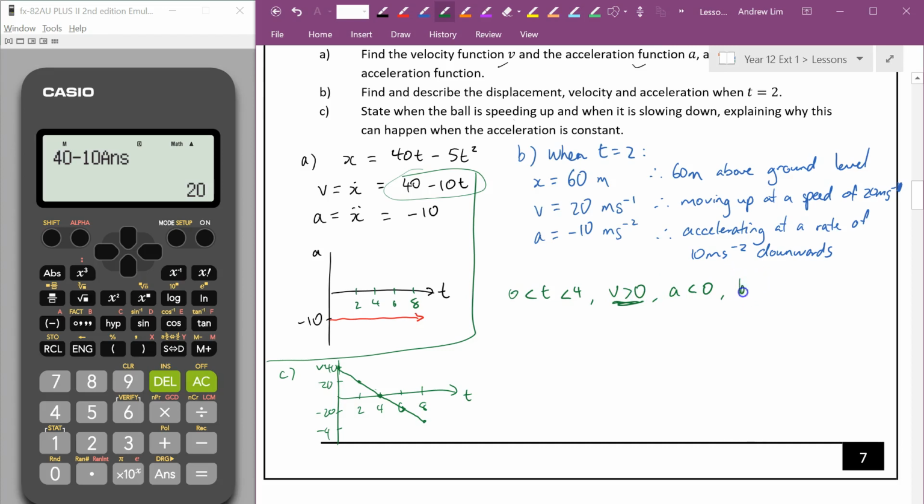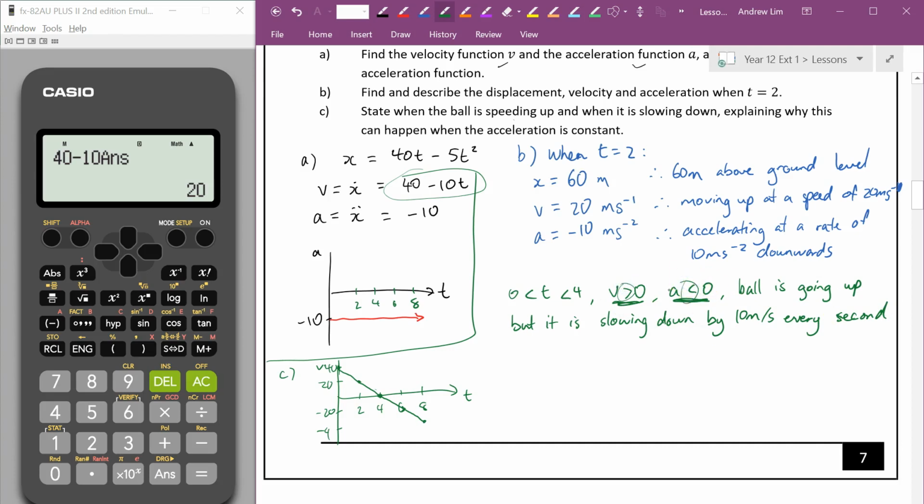So the ball is going up, but it's slowing down because acceleration is negative, by 10 meters per second every second. It's slowing down because these symbols are opposite.